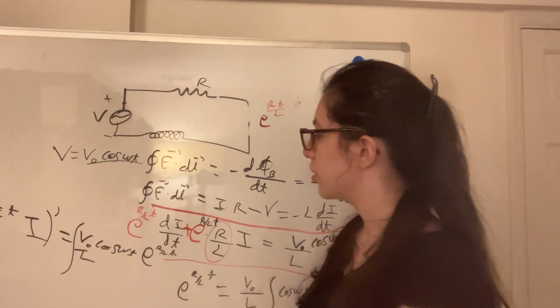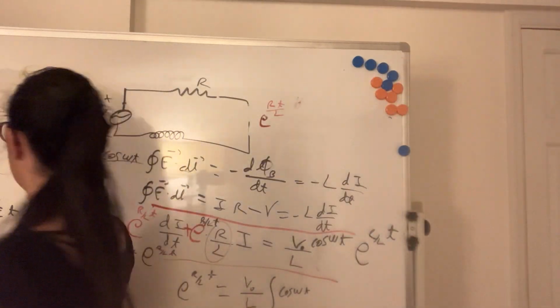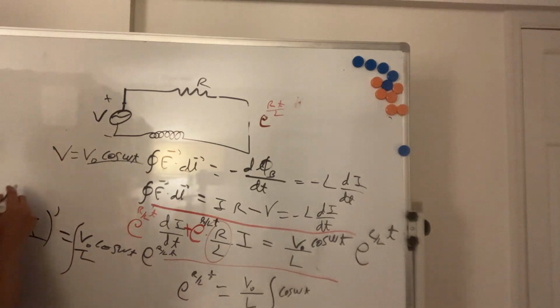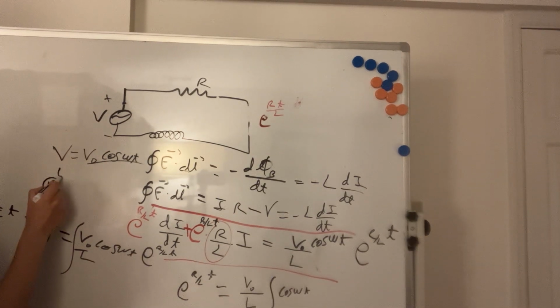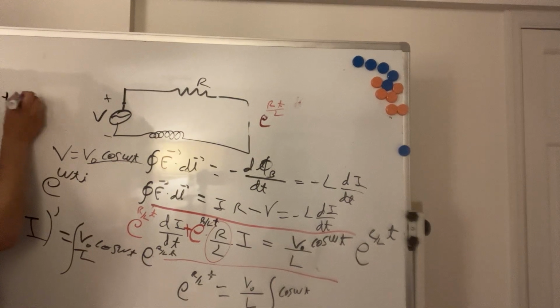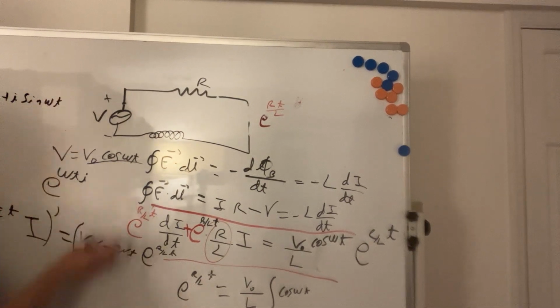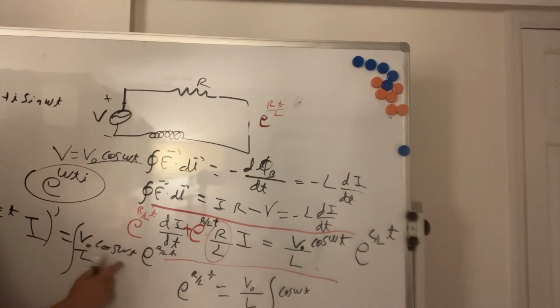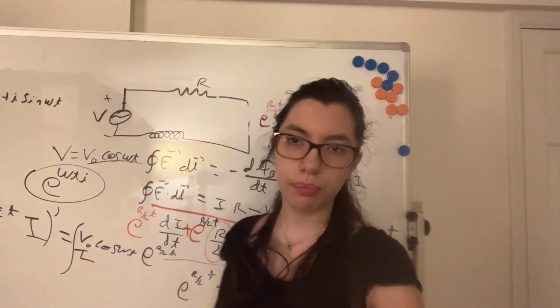Here the trick is cosine omega t. Let me write it as e to the omega t i, because by Euler's identity this would be cosine omega t plus i sine omega t, and we could do everything with this, substituting for cosine omega t, and at the end just take the real part.